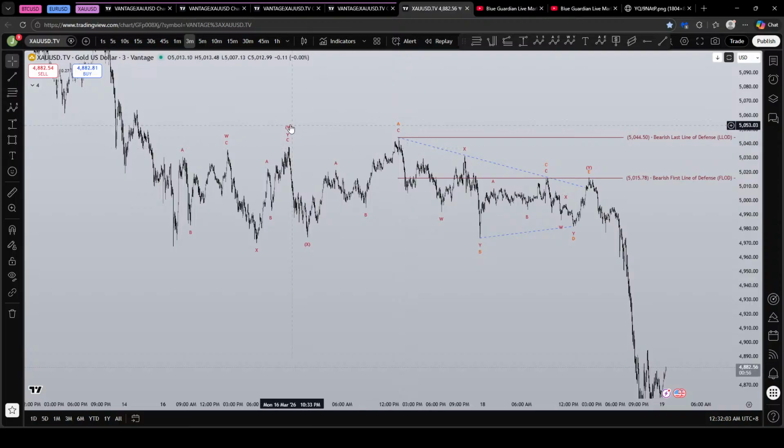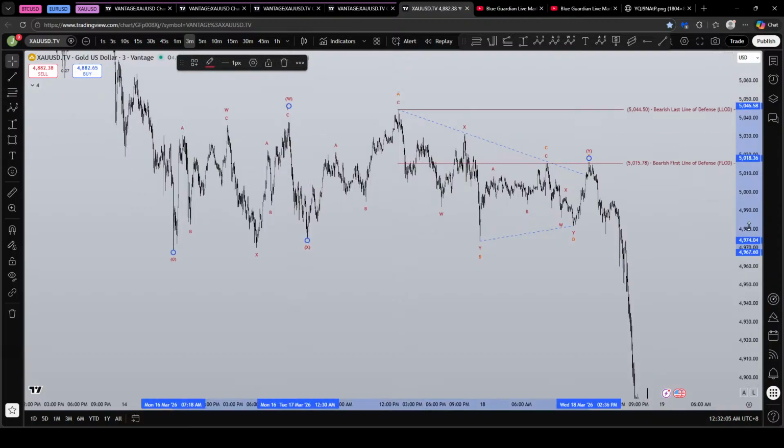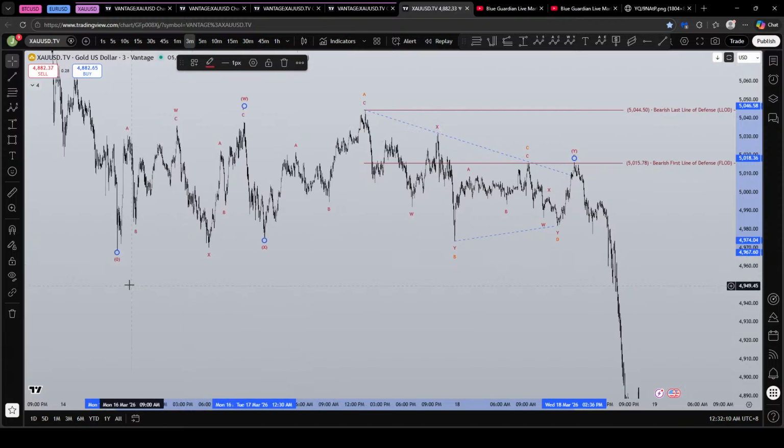So the best possible wave counting for this one is a combination, and it is usually labeled as W, X, and then Y. Here, the Y is a triangle.